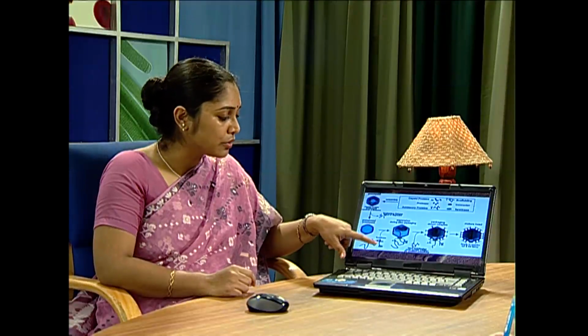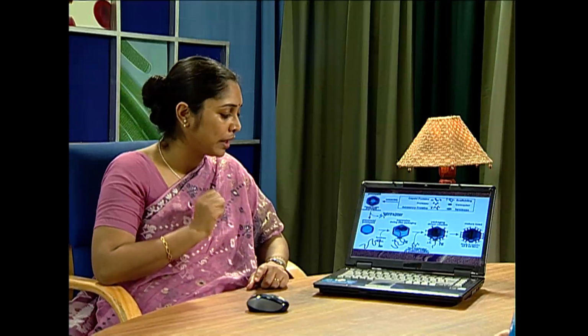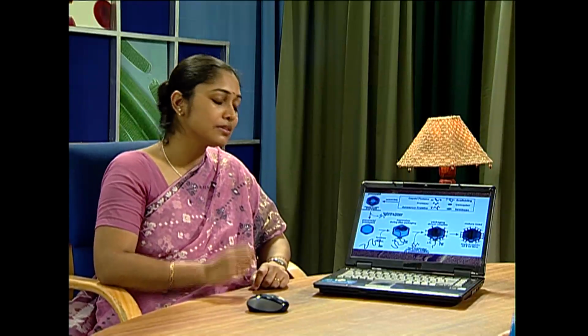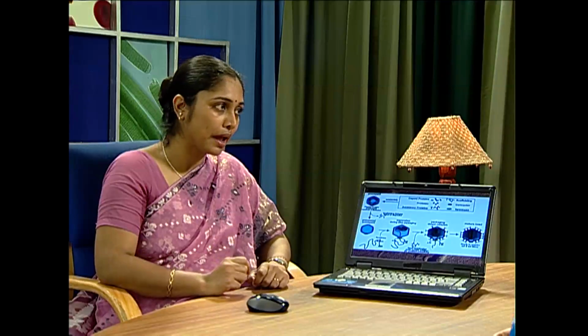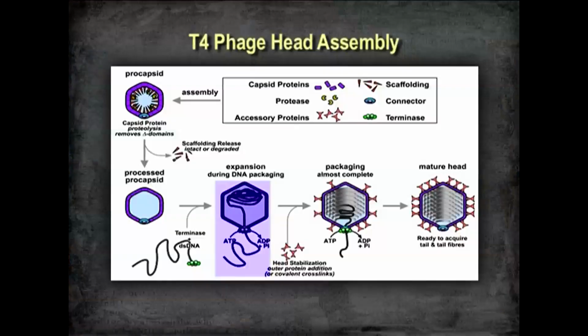DNA packaging starts with a complex called the terminase complex. The terminase complex is made of 4 gene products: 16, 17, 17 and 17 prime. This terminase complex first binds to the double-stranded DNA and then it attaches to the GP20 or the portal protein, and then it starts packaging inside the head.